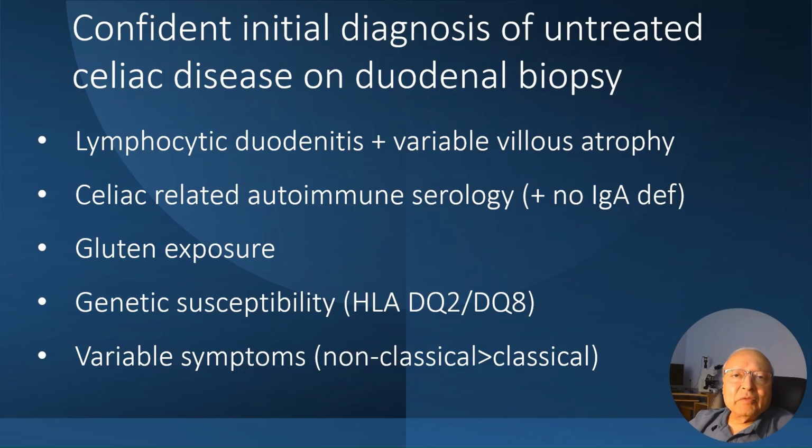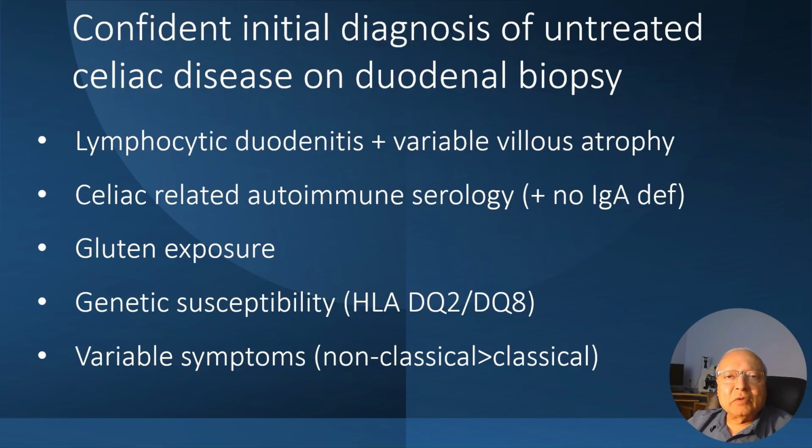One is having normal IgA levels, because most of the diagnostic antibodies that you see in celiac disease are IgA. You can do with IgG antibodies, but they are not as sensitive or specific. And you need continued gluten exposure to demonstrate both the antibody levels as well as the duodenitis. As soon as patient is on gluten-free diet, these things revert back towards normal.